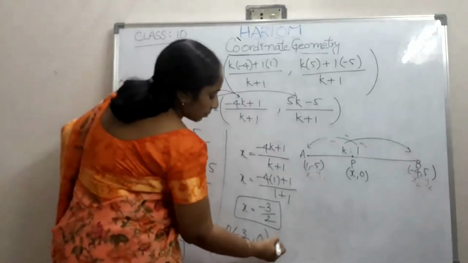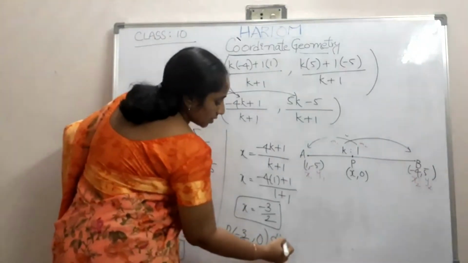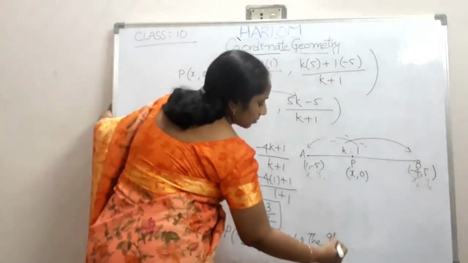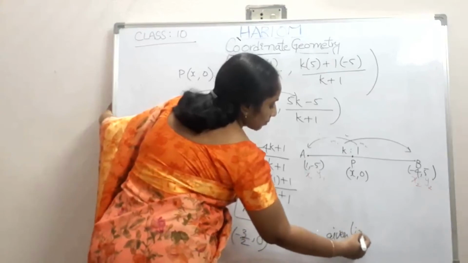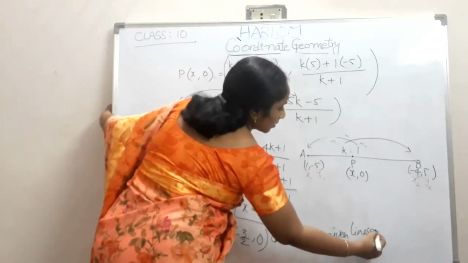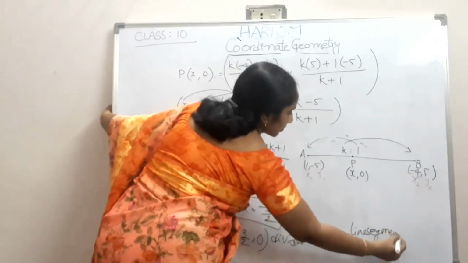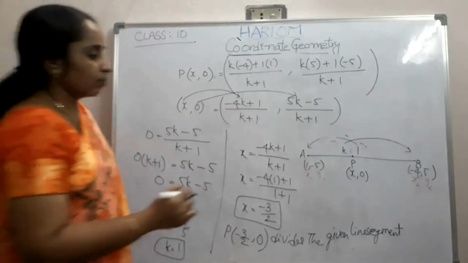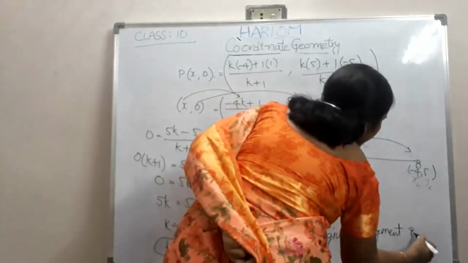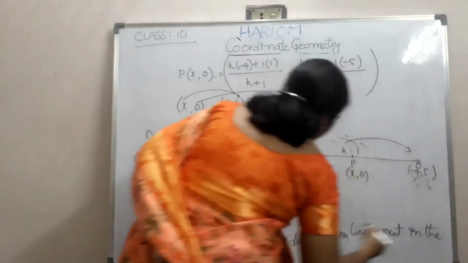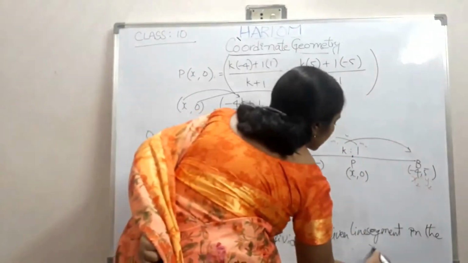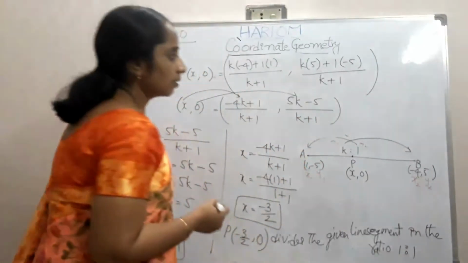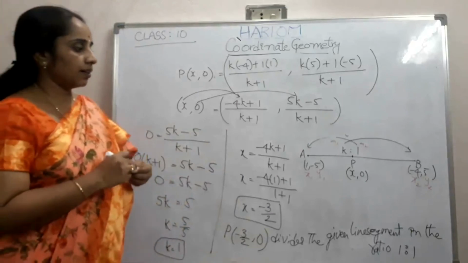So, minus 3 by 2 comma 0 divides the given line segment in the ratio 1 is to 1. Okay, this is another order.